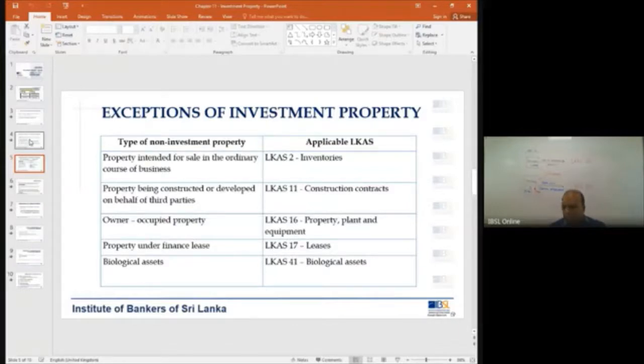These contractors will be covered under construction contracts. Then if it is owner occupied, that means you are occupying it for your own business, then it is LKS 16. If it is under a finance lease arrangement, you take it on lease, that will be covered under LKS 16. Then if it is a biological asset like tea estates, rubber estates, those are covered under LKS 41.